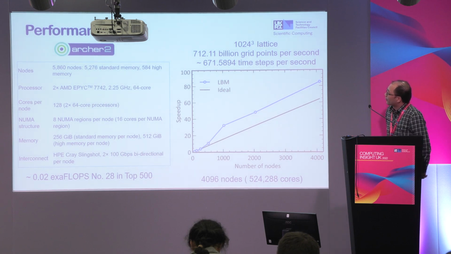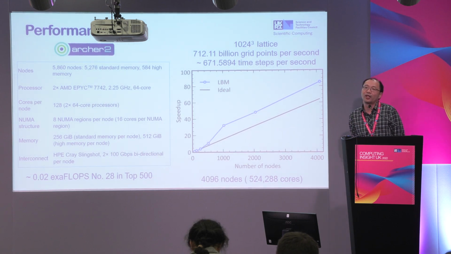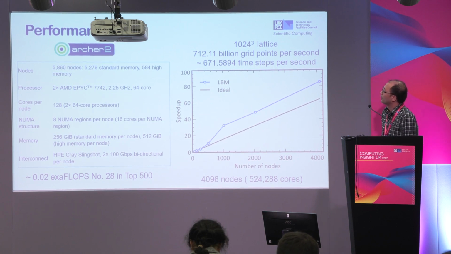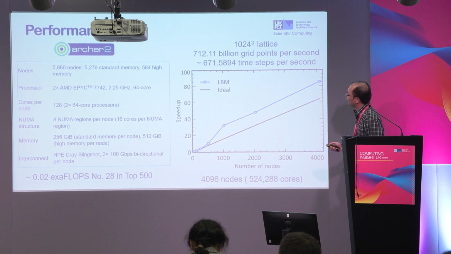Next, we look at the performance of the DSL code. Here I just show the high-level one, but OpenSBLI is also based on OPS, so they share very similar results in this regard. The first machine we tested is Archer 2. I think most of you will know Archer 2, so I will skip the introduction.